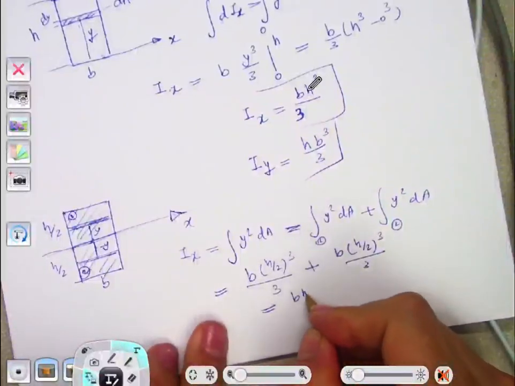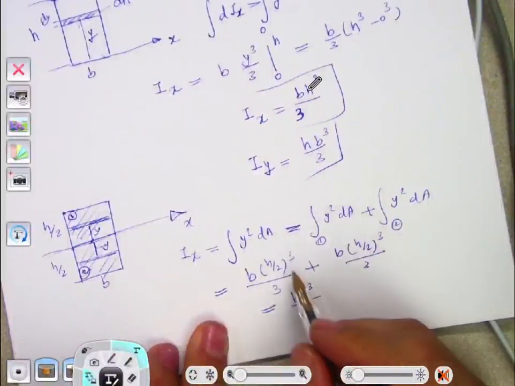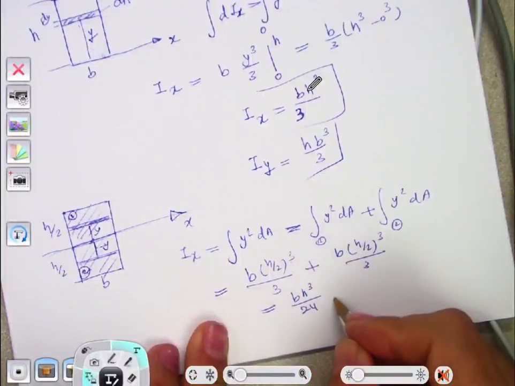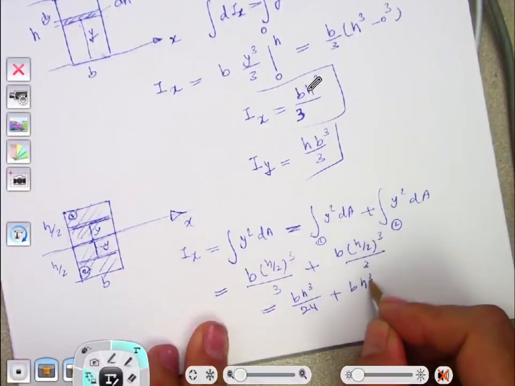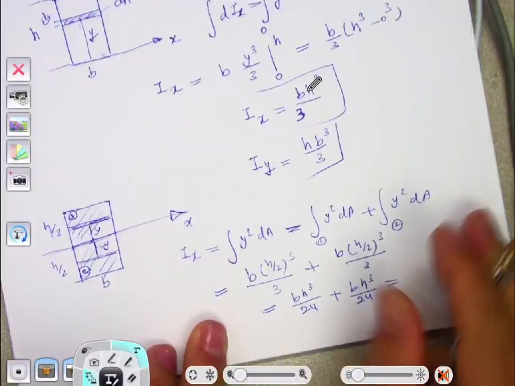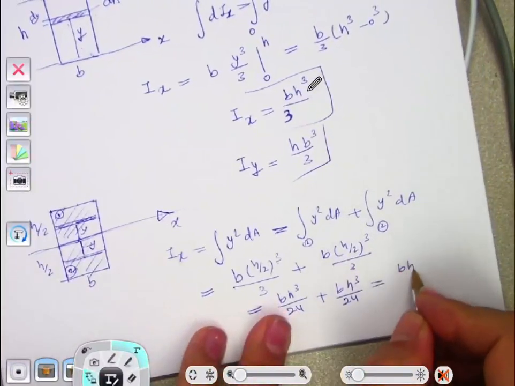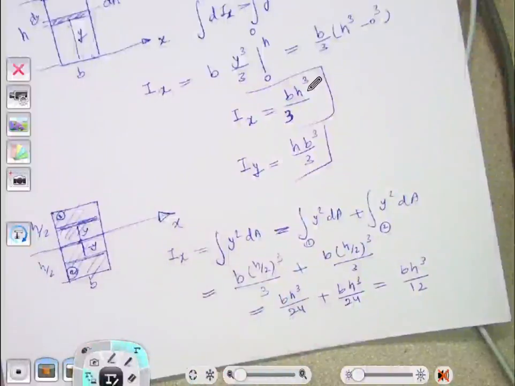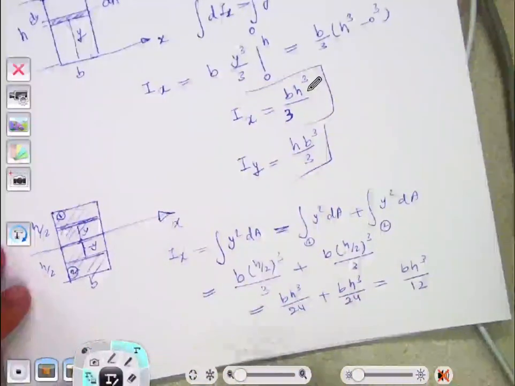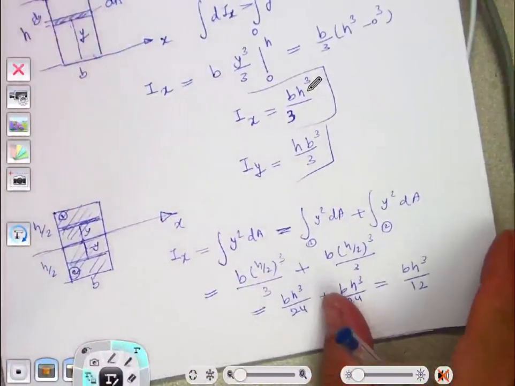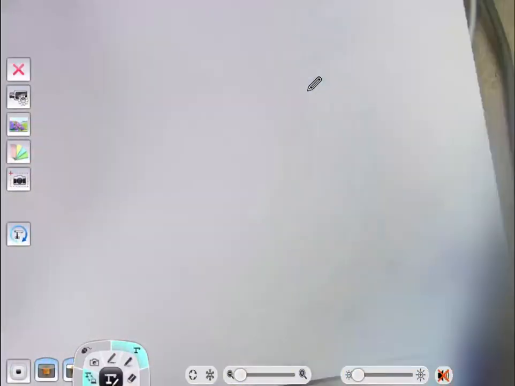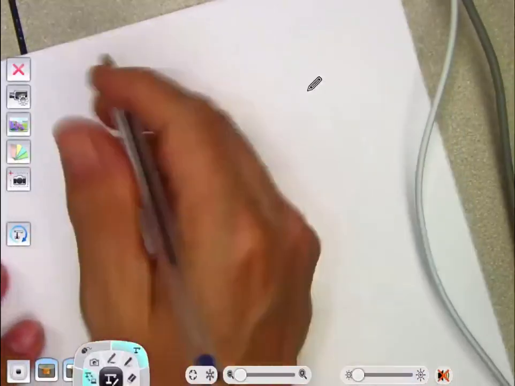So let's see what we get here. b h cubed, 2 cubed will be 8, 8 times 3, 24. Same thing here. So I get b h cubed divided by 12. That is interesting, right? Okay, let's summarize what we found.